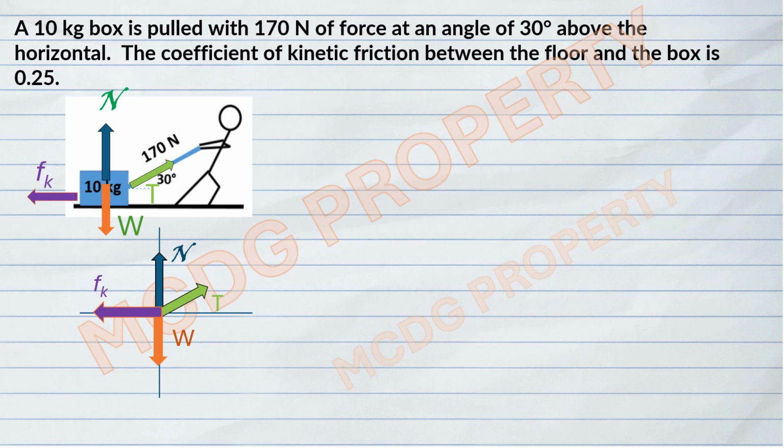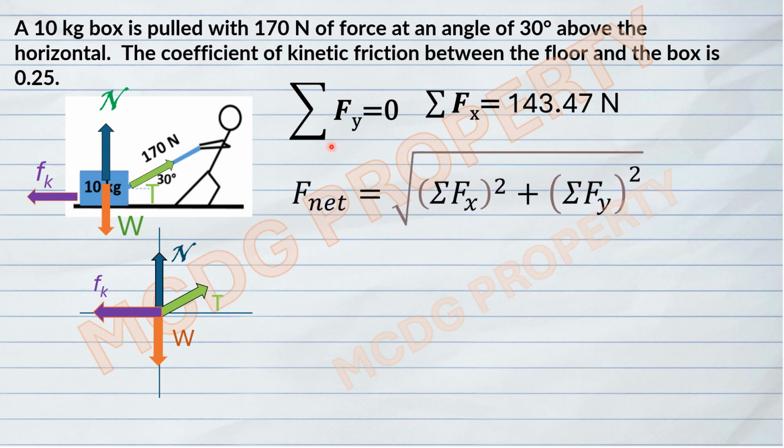Now we get the net force acting on the box. So we know that the total net force along the y is 0, and the total net force along the x is equal to 143.47 newtons. Now, the net force is equal to the square root of the summation of forces along the x squared plus the summation of forces along the y squared, and this is just the Pythagorean theorem.